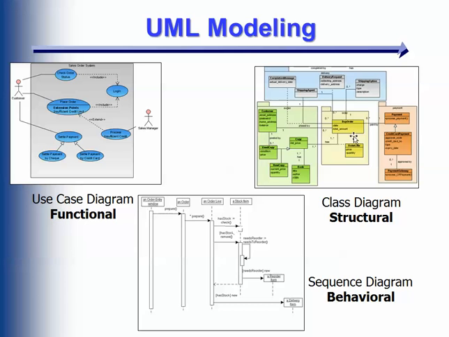And then lastly, we have a sequence diagram, which takes the same idea of the entities that exist in the business environment, and it gives you details about the type of information that needs to be passed back and forth between those items. So we use one type of diagram to show what the entities are in a certain business process and how they're related to one another.